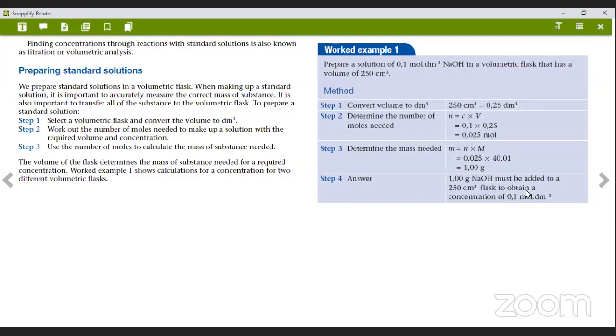So this, in a way, is a pre-prep. Basically, that's what you do usually in the lab. Whenever you do an experiment, there's always going to be a pre-prep that you do before the actual experiment, and you compare the two. And sometimes looking for the mass like this one, it's something that you have to manually calculate.